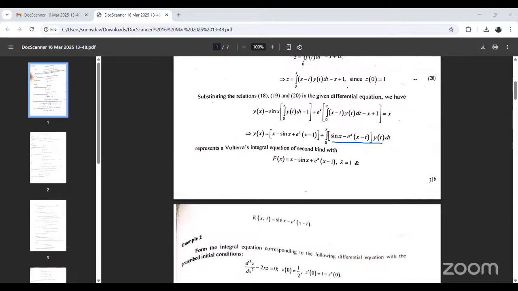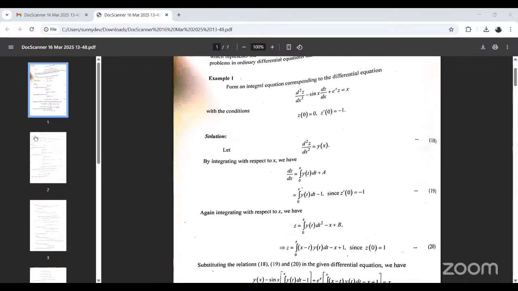Okay, so once again I will explain. First we integrate with respect to x, then we get dz by dx. Here we substitute the dz by dx value and get a equal to minus 1. Substituting a equal to minus 1, we get the dz by dx value. Next, again we integrate with respect to x and get z.